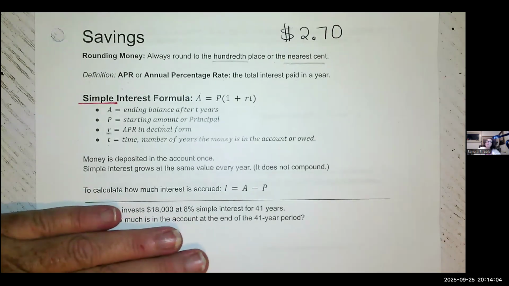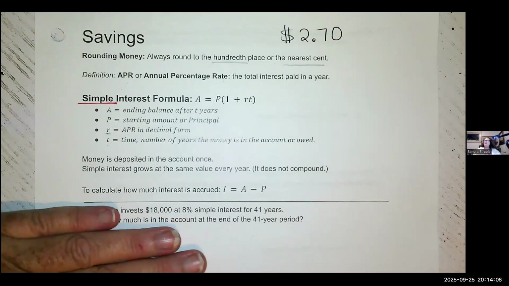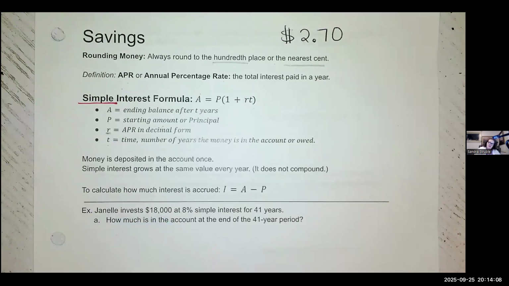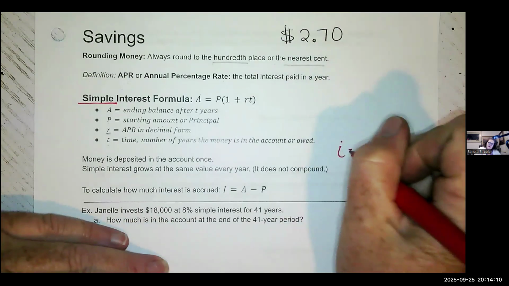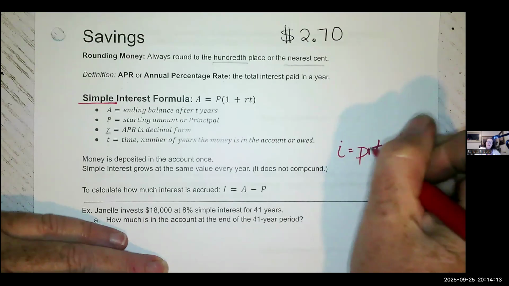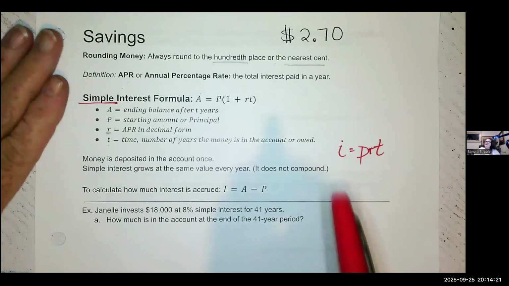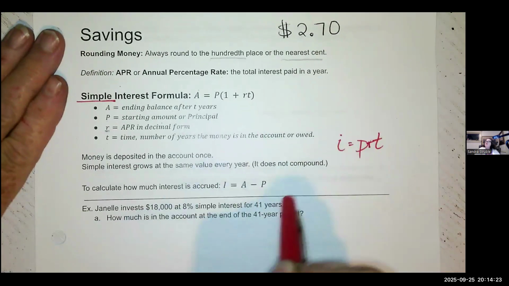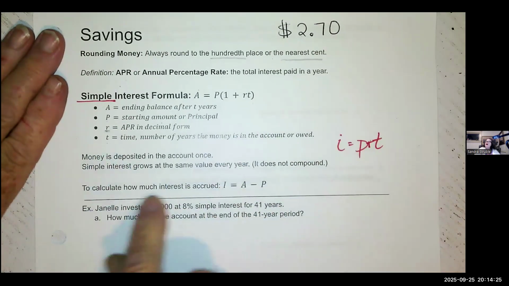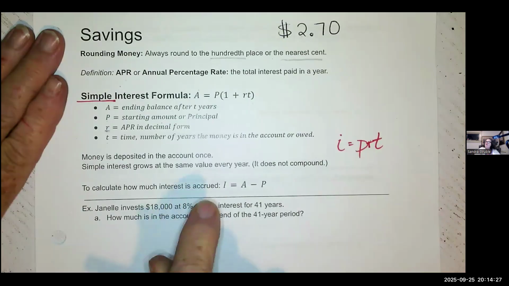When you're watching those videos that go in MyOpenMath, you're going to find that they say, oh, to find the interest is PRT. Yeah, but that's only for simple interest, and you only have one of them on your exam. Don't waste your time. Do not even write this down. I want you to get comfortable with learning how to calculate the interest, how it's accrued.